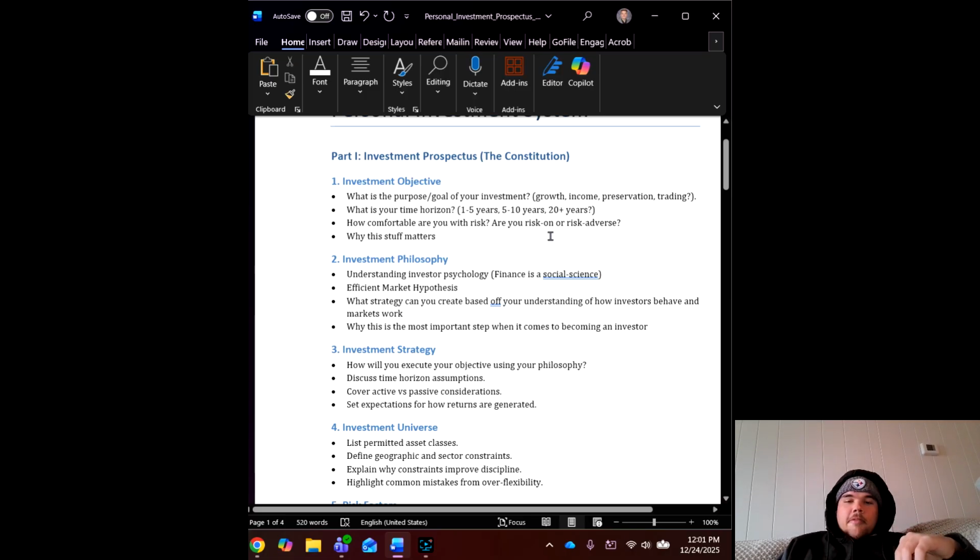Right now, we're just setting up the foundations of what I think you should know. But understanding investor psychology, you can then apply that to whether the markets are efficient or not. In my opinion, I believe that markets are inefficient, because I believe that 90% of the people that invest in the markets today have little knowledge of what they're actually doing.